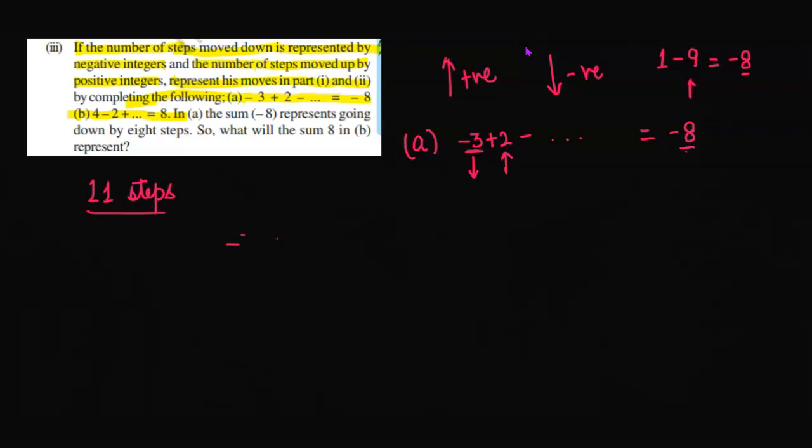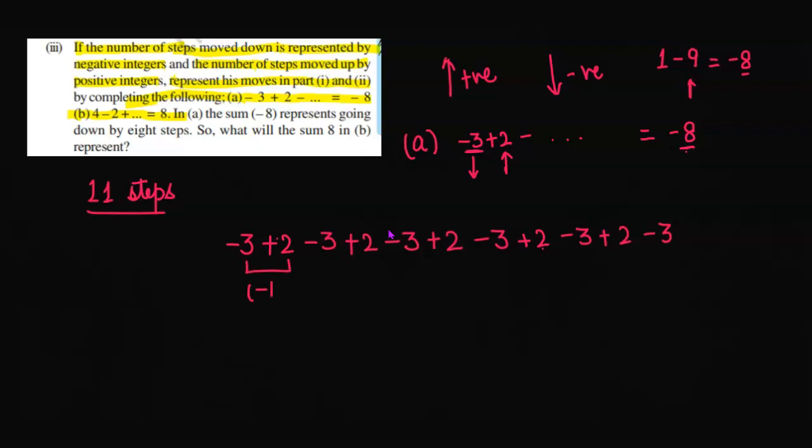The first step is minus 3, second step plus 2, third step minus 3, fourth step, fifth step, sixth step, seventh step, eighth step, ninth step, 10th step, and the last one, which is the minus 3, 11th step.